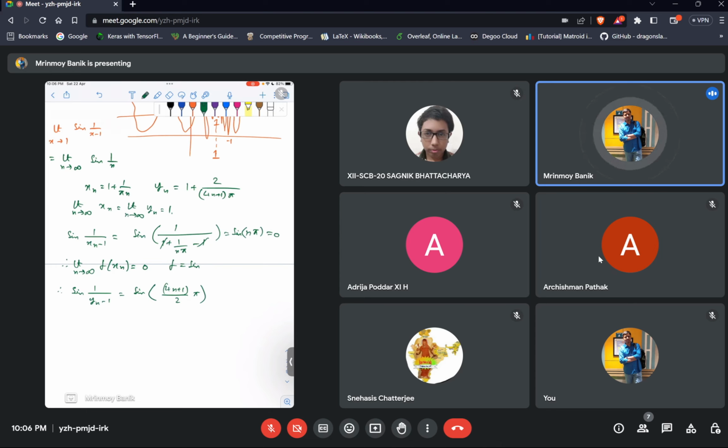The maximum value at 90 degrees. It's 1 for all n integers. So the limit n tends to infinity for f of yn is 1. From 1 and 2, this was 1, this was 2.